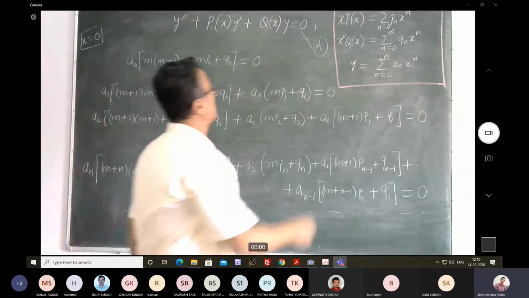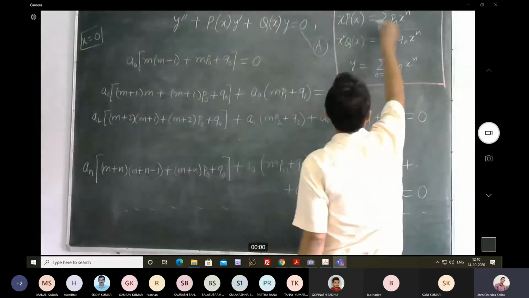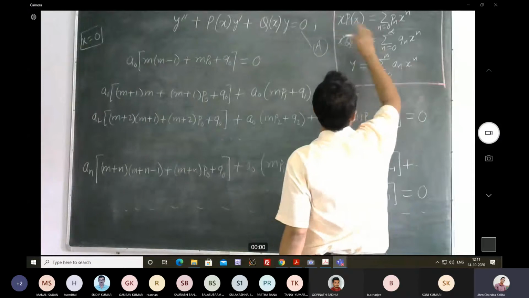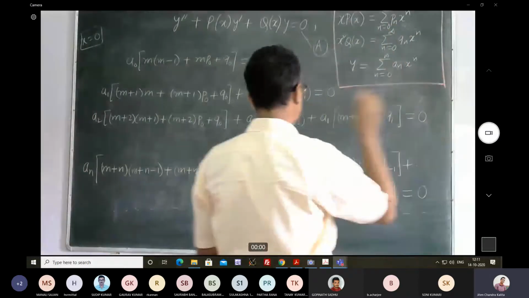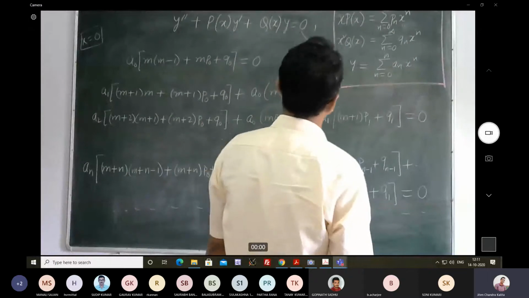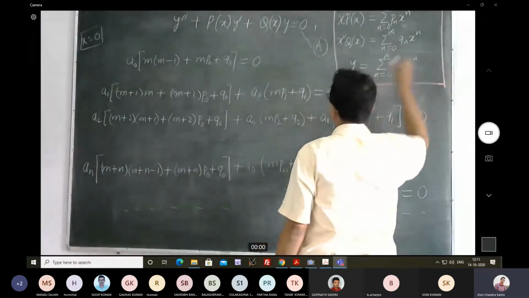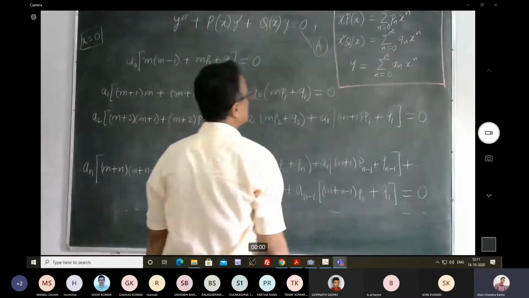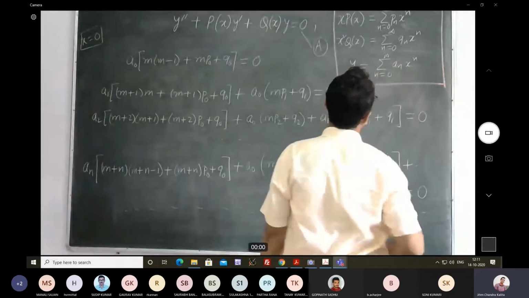So that means we can find power series for x p(x) given by this. Of course, this series converges for some radius of convergence, capital R, strictly greater than 0. So similarly, this series. And then what we did, we assumed that I have a series solution of this form.